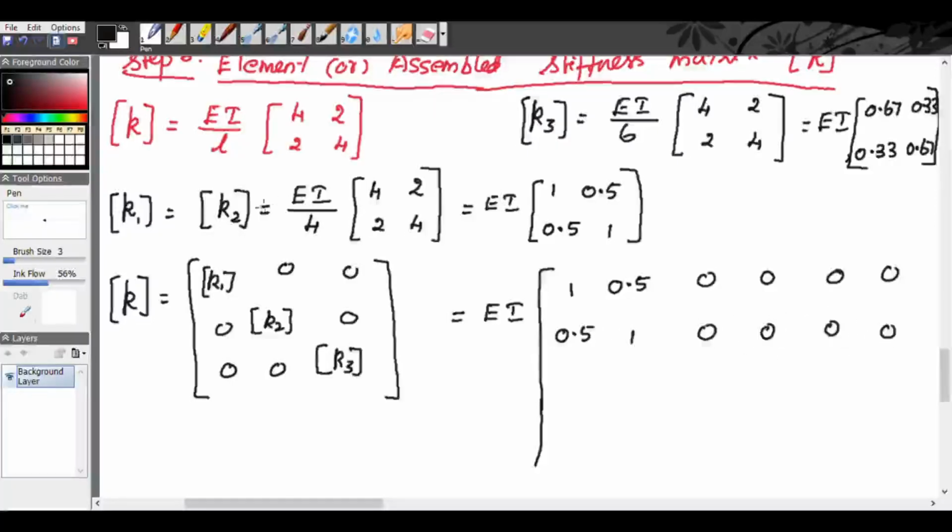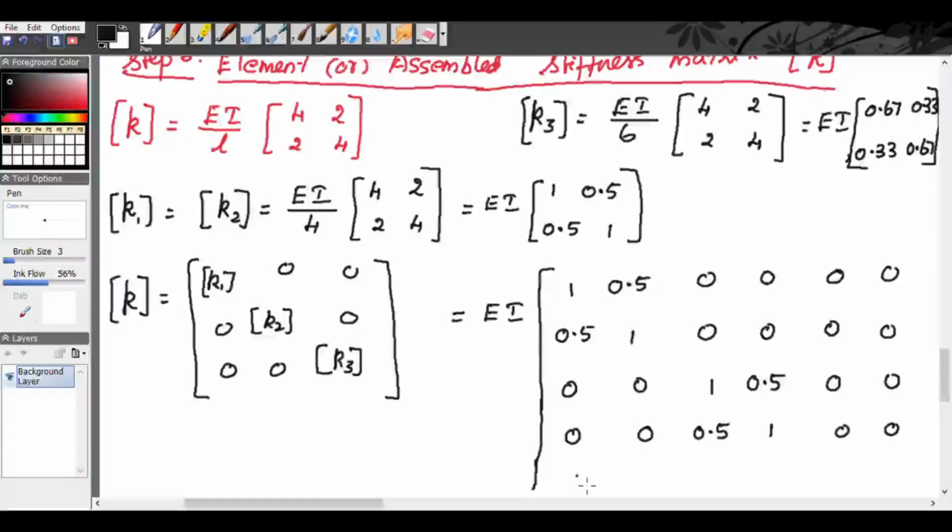So for K2 matrix is also same. So for first element it will be 0, only for second element, that is 1, 0 0.5, 0 0.5 and 1. For third element, EI we have taken out, remaining is, so sorry, here it is 0, 0, 0, 0.